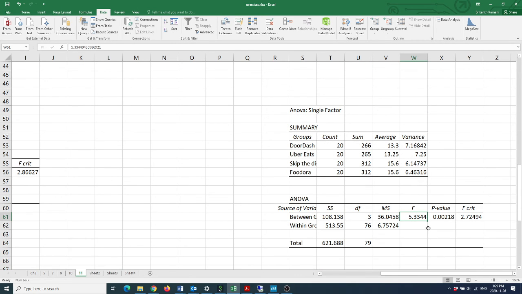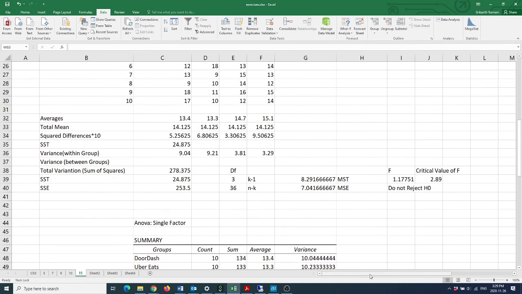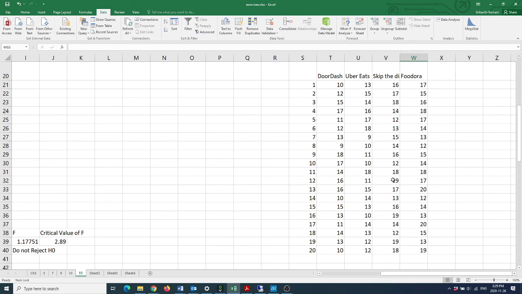So in this scenario, the F statistic is actually greater than the critical value of F. And in this scenario, you can reject the null hypothesis that the means are equal, and you accept the alternate hypothesis that the means are unequal. So the averages for DoorDash, Uber Eats, Skip the Dishes, and Foodora are clearly different from each other.